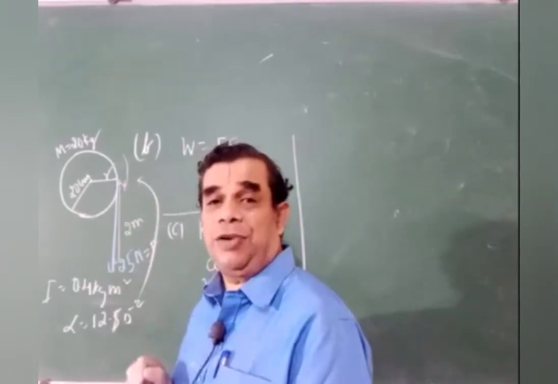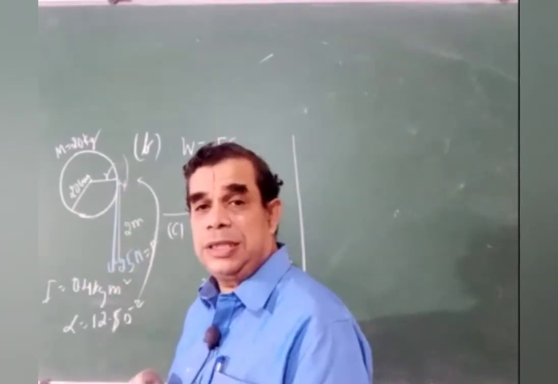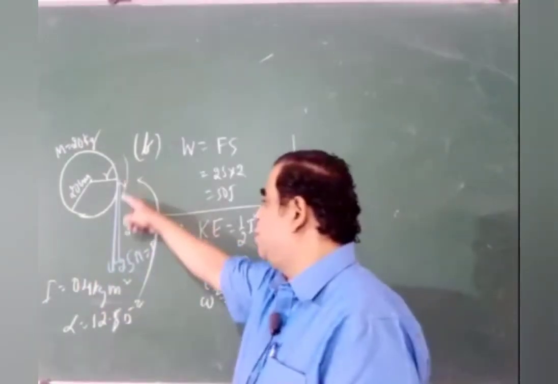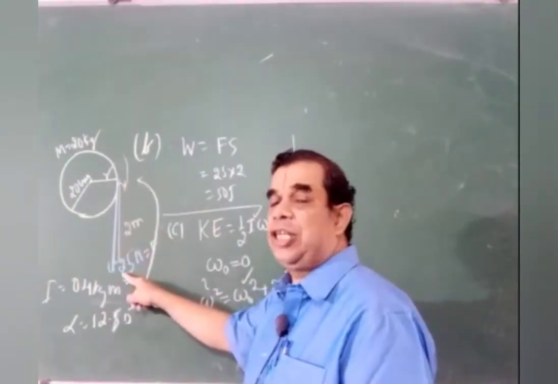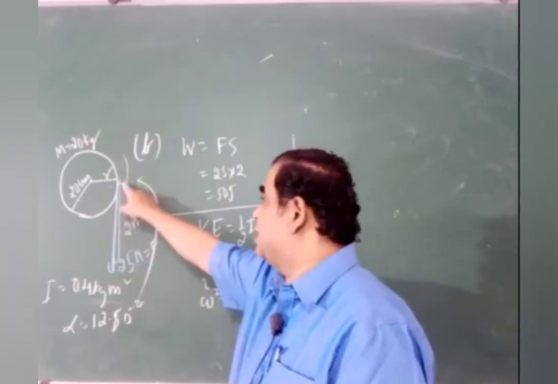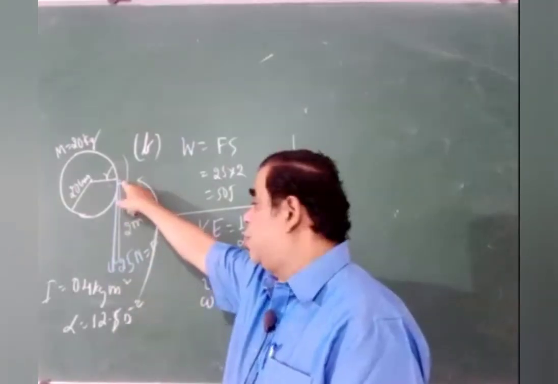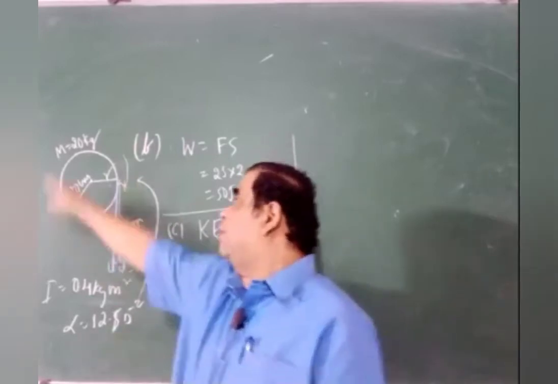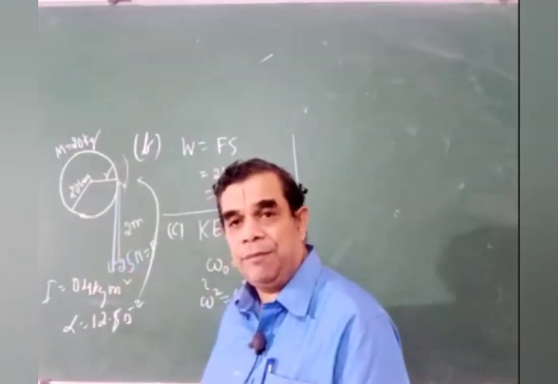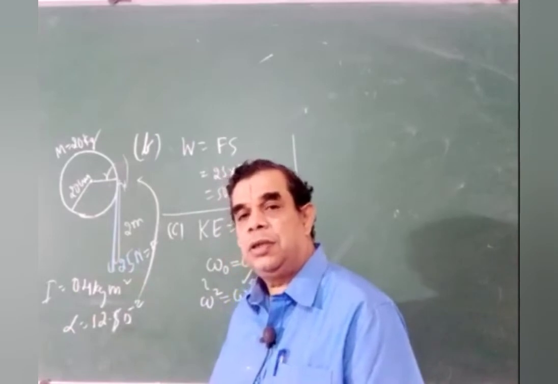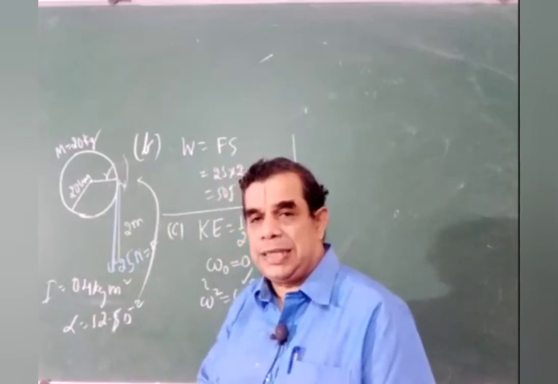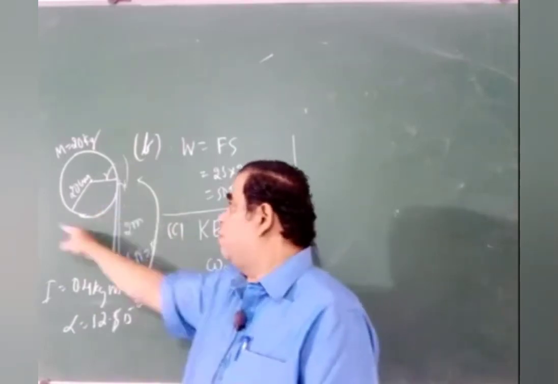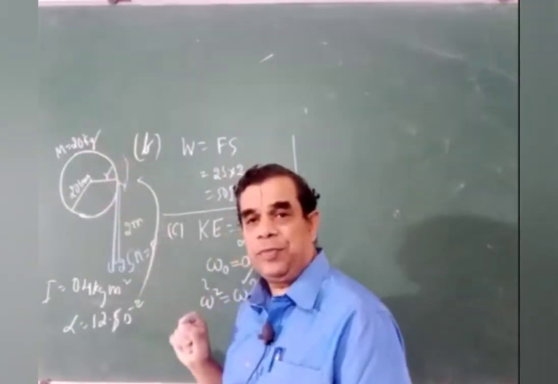That is the theta rotation. So how to calculate theta? 2 meters is the chord unwound. We imagine that is at 0. So altogether 2 meters unwound. 2 meters was wound on the flywheel in the beginning. So 2 meters is the distance traveled corresponding to what was wound on this previously.